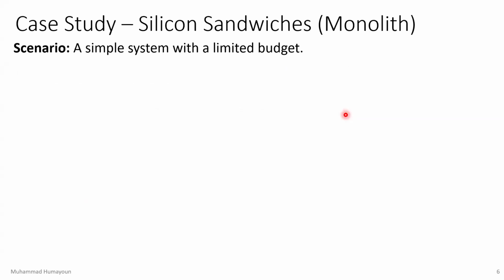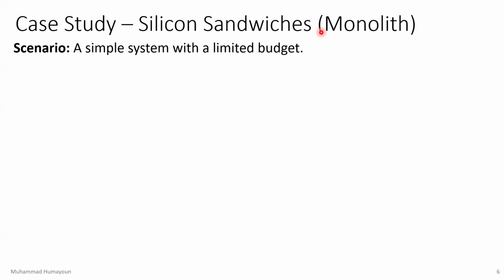So now we are going to look at 3 case studies discussed in your coursebook. And we will see different architectural diagrams. The scenario is the Silicon Sandwiches case study we started in the very beginning of this course.